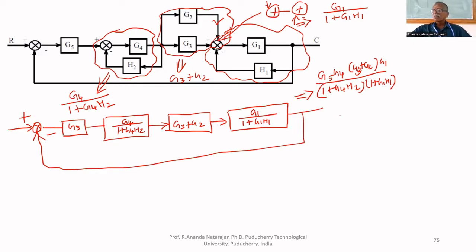This is one step. Again, you have to draw like this. G1, G2 plus G3, G4, G5 upon 1 plus G4H2, 1 plus G1H1.